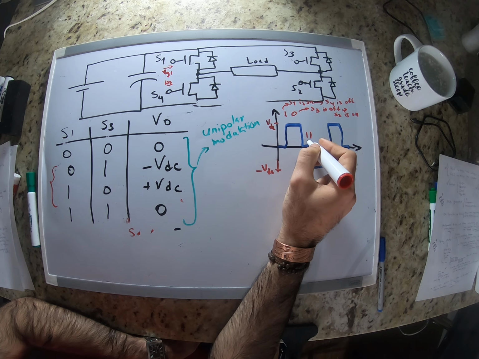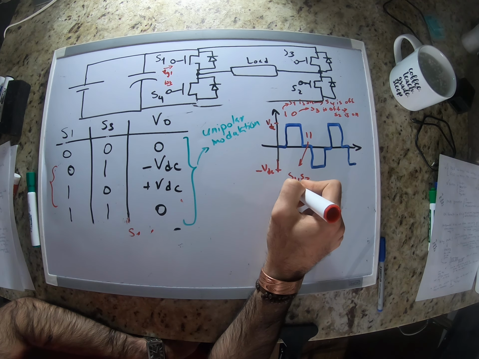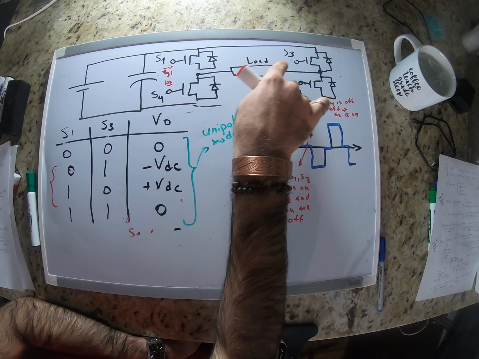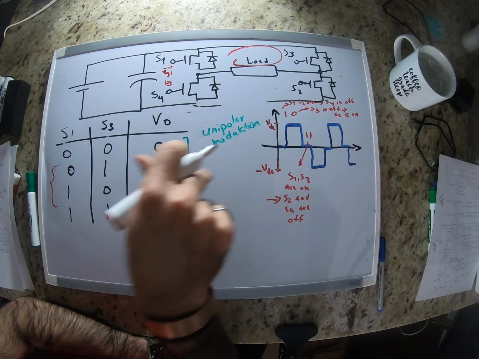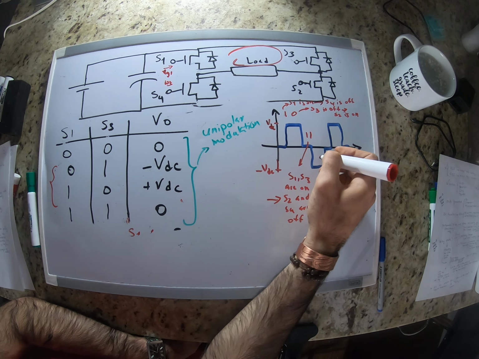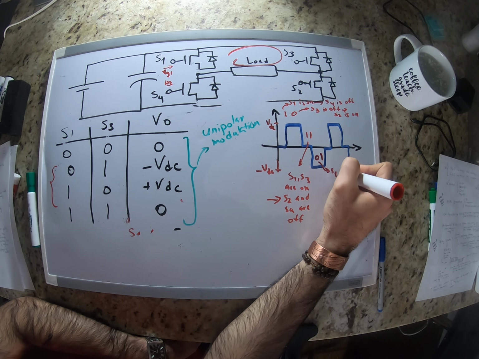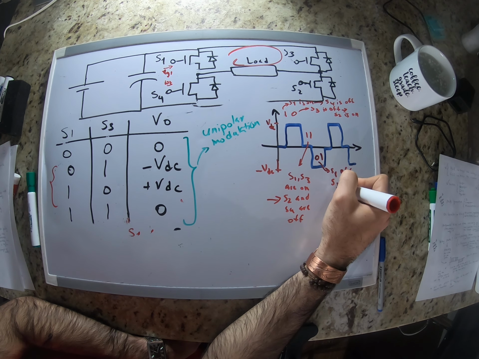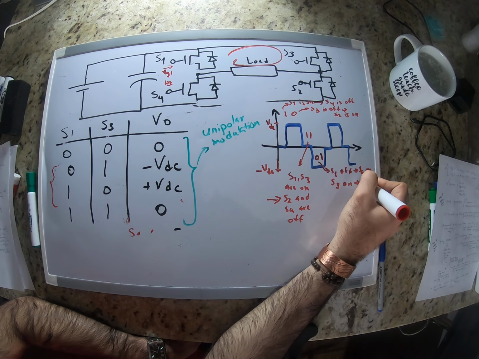What does that mean? This means that both S1 and S3 are on, so it means that S2 and S4 are off. Right? S1 and S3 are on, so the current goes through this upper loop. We have 0 voltage. And then at this point we would have 0, 1. It means that S1 is off, S3 is on, so S4 is on and S2 is off.